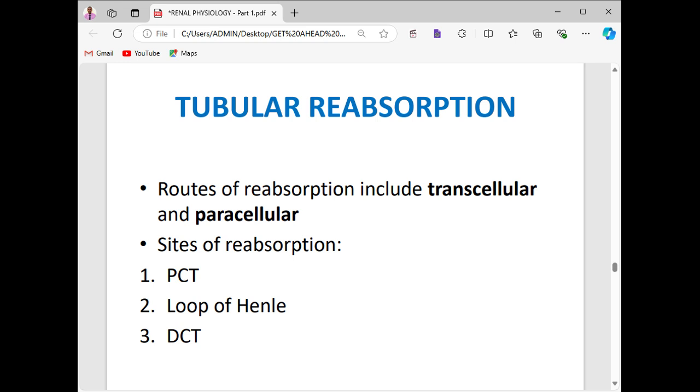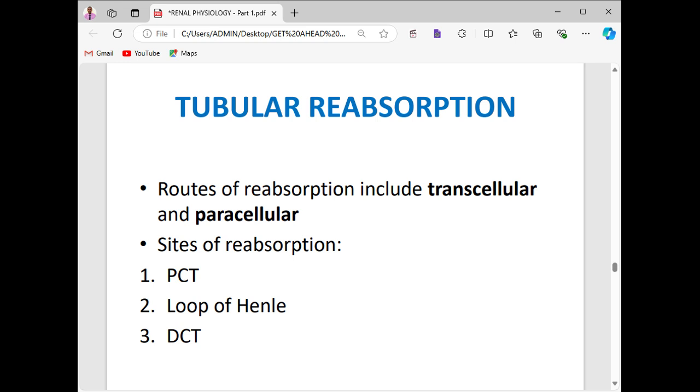We have the proximal convoluted tubule, where things reabsorbed include glucose, amino acids, sodium, potassium, calcium, bicarbonate, chloride, phosphate, urea, uric acid, and water.